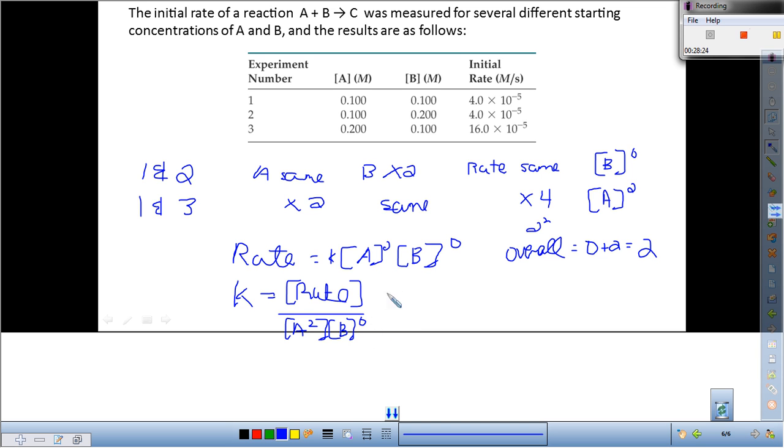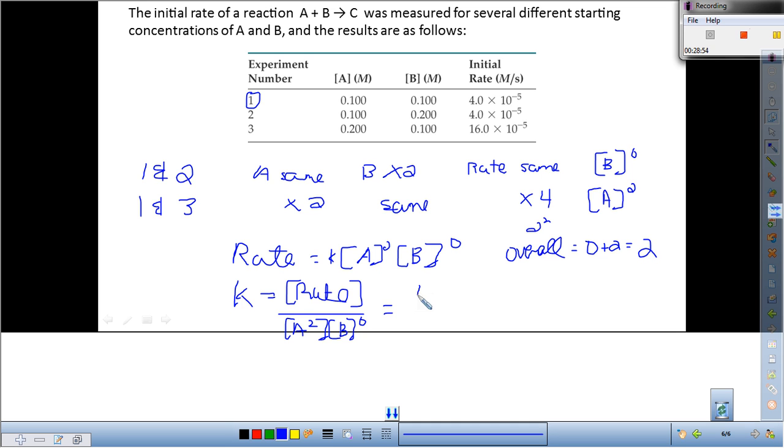Alright? Let's plug some numbers in and calculate a K. It doesn't matter which one we use. We could use the data from trial 1 or trial 2 or trial 3. They're all going to end up calculating the same K. So, let's just go ahead and use 1. Why? Because it's the first. And why not? My numbers are easy enough that I could do this without a calculator.